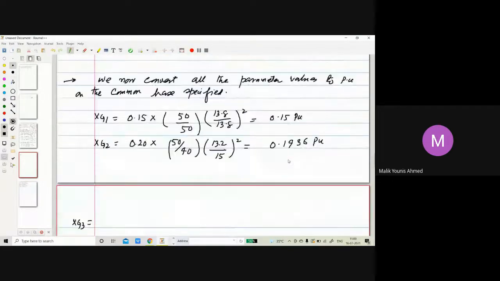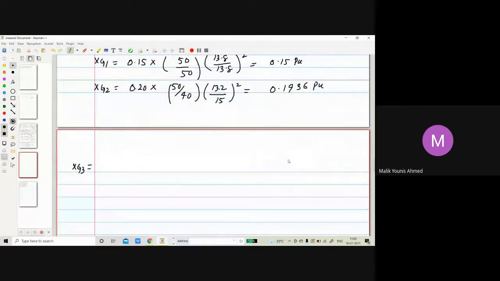So we have to write the data accordingly. So this is 0.25 multiplied by S base new 50, S base old 30, divided by V base old 11, V base new which we have already calculated is 15, whole square, and that value comes out to be 0.2240.